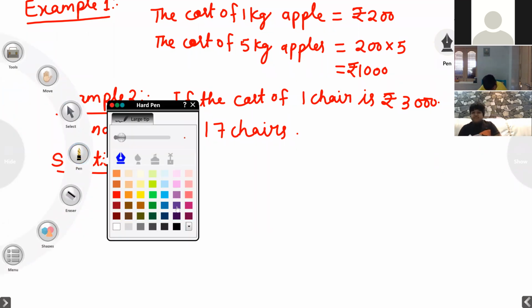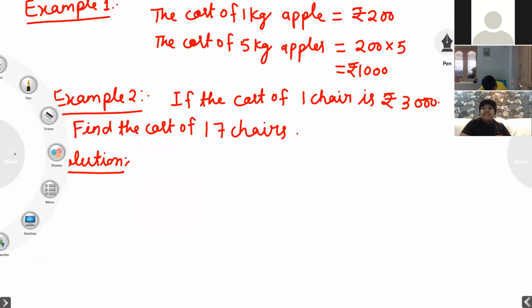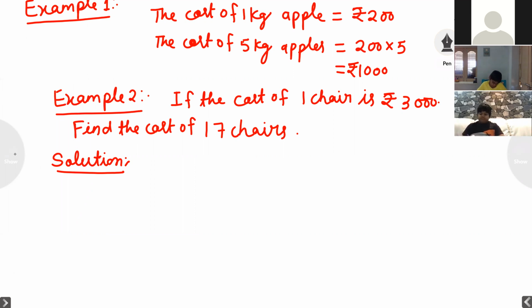Will we do multiplication or division, students? Multiplication. Cost of one chair is 3000 rupees. 17 chairs we want to find out. It will increase or decrease? It will increase. Cost will increase. Means we'll do multiplication. Note down.